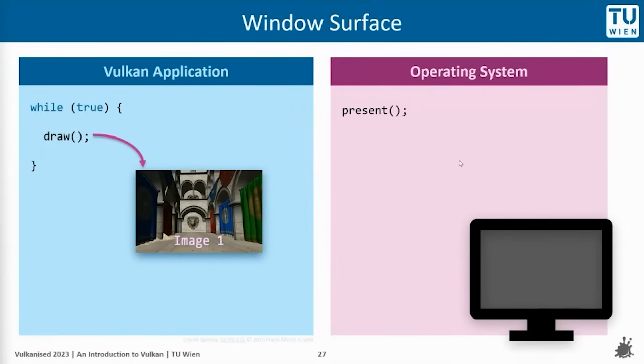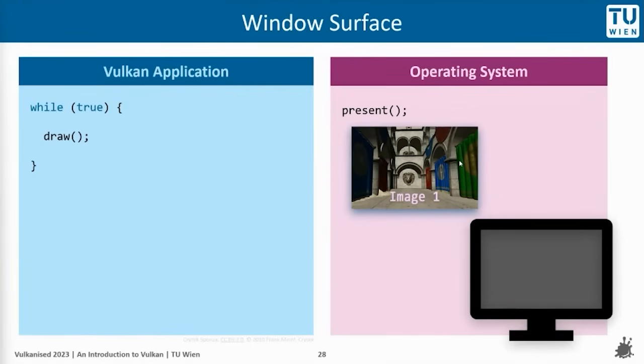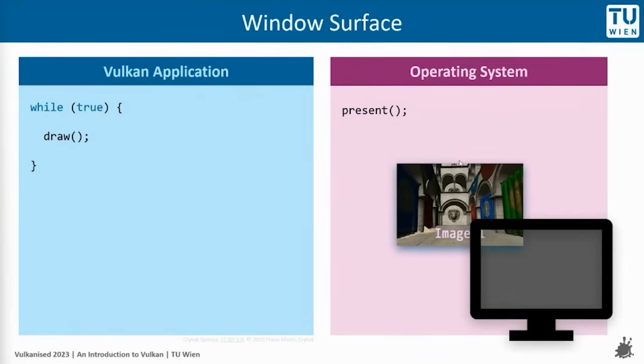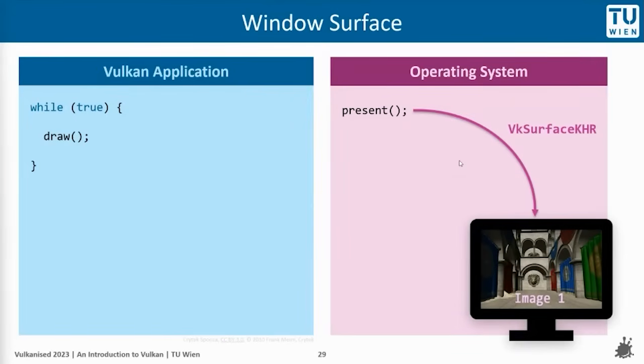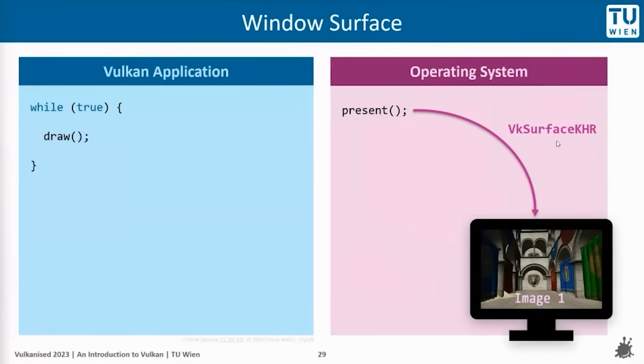And at some point we would like to have this image that we rendered being presented on a window surface. So we hand it over to the operating system and ask the operating system to present it on a screen. And in order to do that, we need such a VkSurfaceKHR handle. We will just need it to send over a surface to the operating system for presentation.